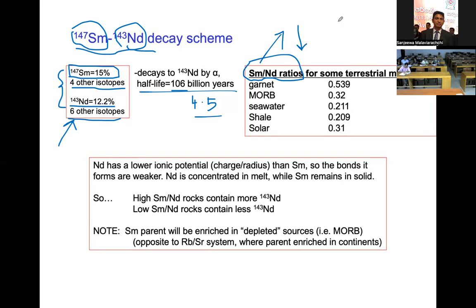But if you have a high samarium-neodymium ratio, you will have a high amount of neodymium daughter products as well. So that means your rock will have a higher amount of daughter isotopes if you have a high samarium-neodymium elemental ratio, because this elemental ratio is important.